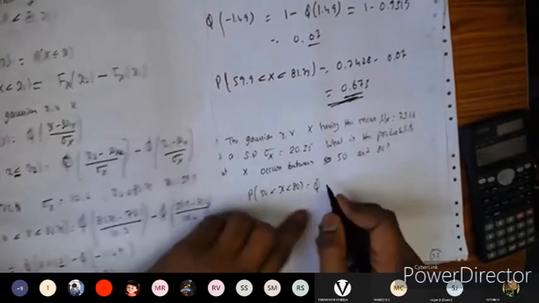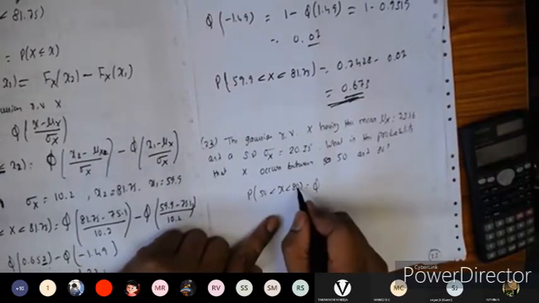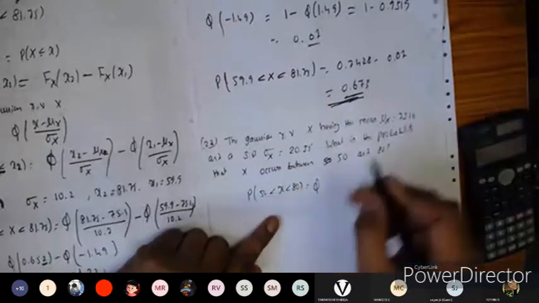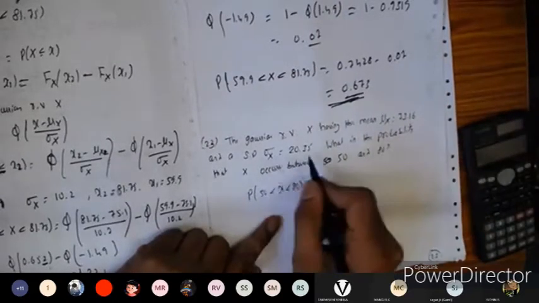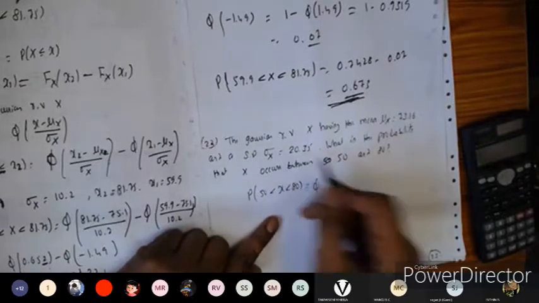So it is phi of x2 minus nu x divided by sigma x, where x2 is 80 and x1 is 50. The mean is 73.16 and the standard deviation sigma x is 20.35.